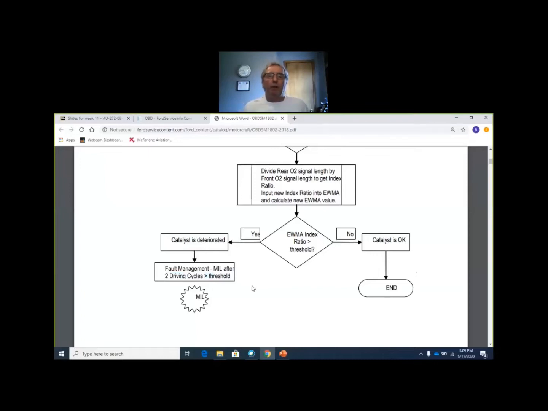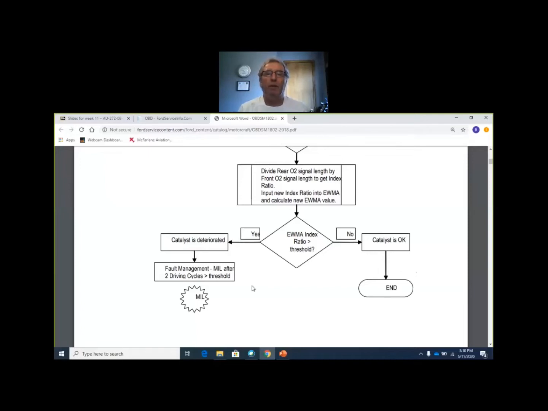So why 2 driving cycles? I think the fear is if we are too fast to turn on the light and set codes, we'll have false diagnostic trouble codes and false check engine lights. So this is a way where we really want to make sure that this catalytic converter is failed.